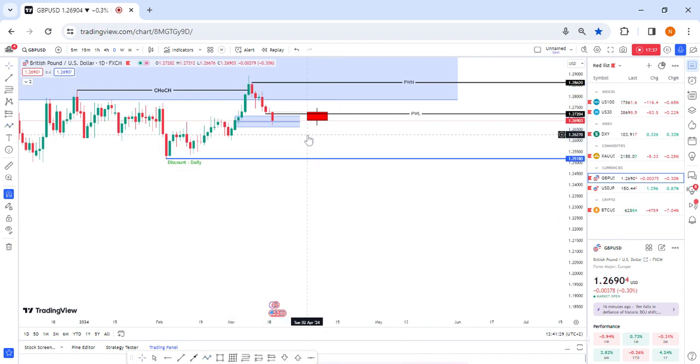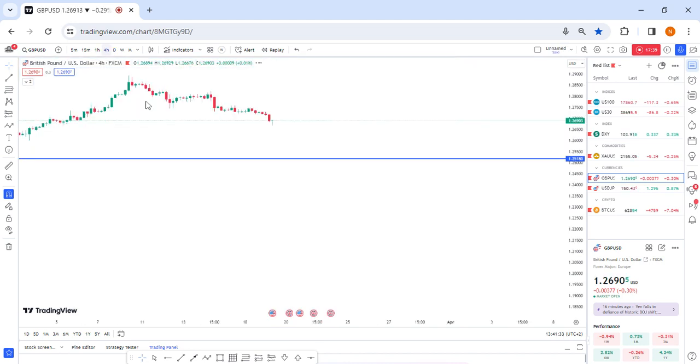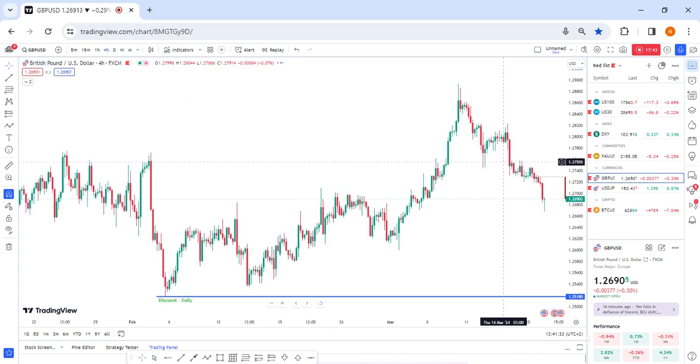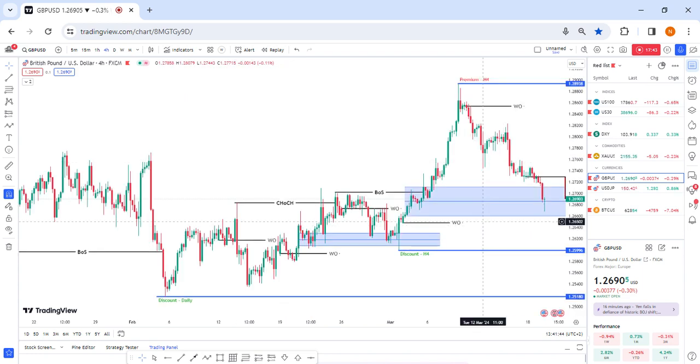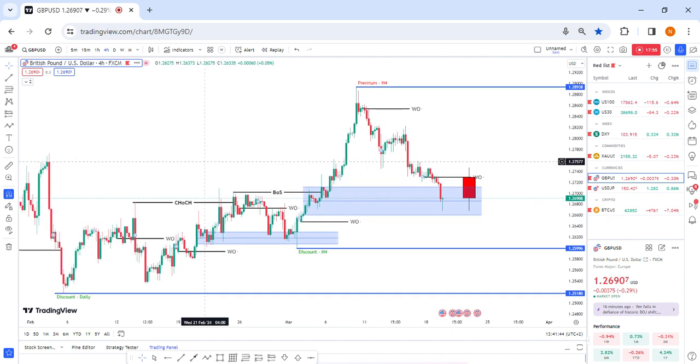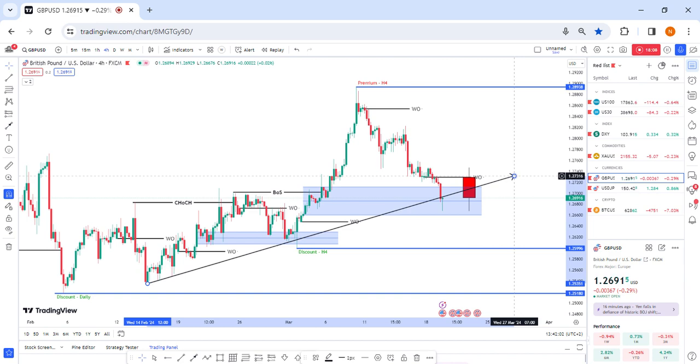It'll be interesting to see what price is trying to do in GBPUSD. But let's go to our lower time frame, 4 hour. So again, in the 4 hour, we're in a bullish market. We've been seeing price pushing to the upside for the past few weeks.